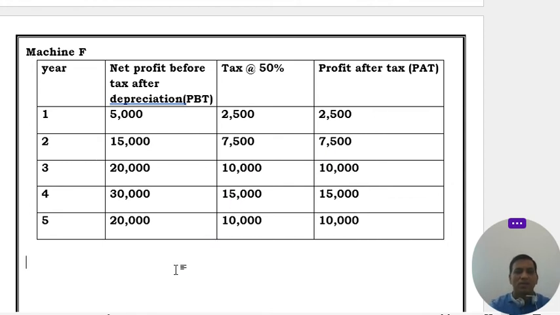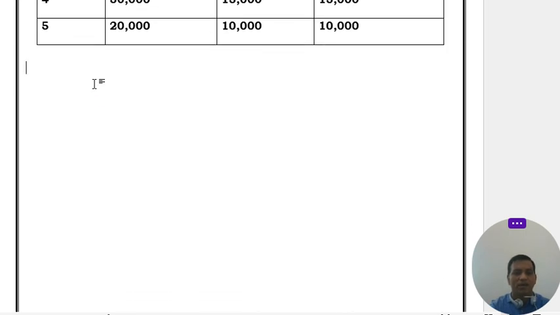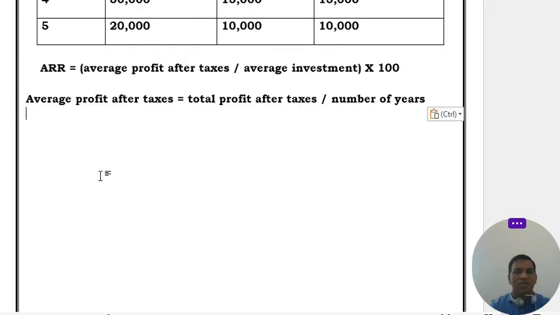So ready. Now substitute the values in the formula. Again take the formula. What is the formula? ARR, average rate of return or accounting rate of return, equals average profit after taxes divided by average investment, multiplied by 100. How will you get average profit after taxes? Simple, that is total profit after taxes divided by the number of years.